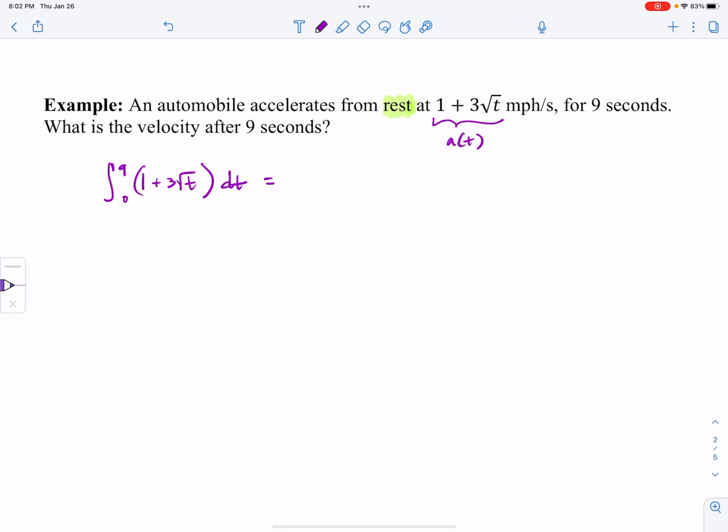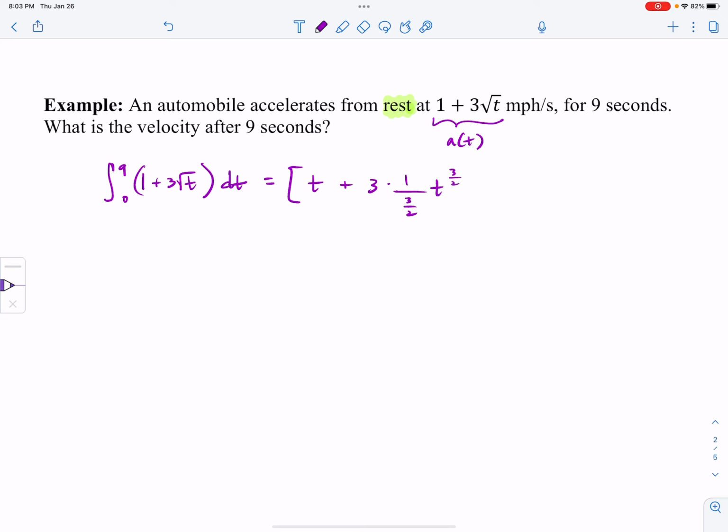And this one we can integrate by hand. Applying the fundamental theorem of calculus, that would be t, and then this is 3t to the 1/2, so that'll be plus 3 times 1 over 1/2 plus 1, which would be 3/2.